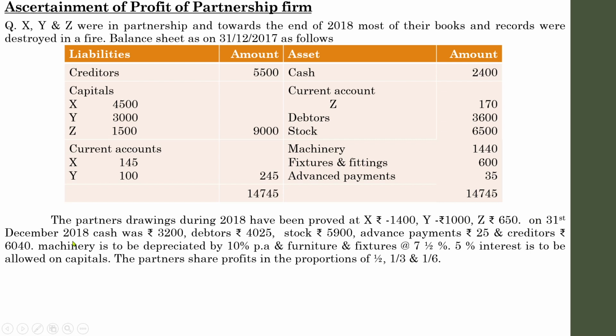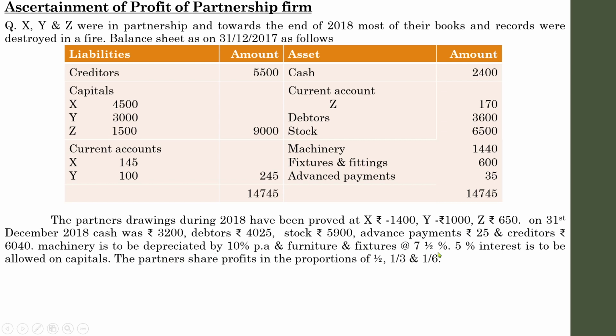On 31st December 2018, cash was 3,200. These are the balances. Debtors was 4,025. Stock was 5,900. Advance payments was rupees 25 and creditors is 6,040. Machinery is to be depreciated at 10% per annum.